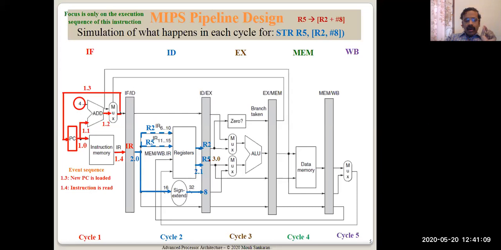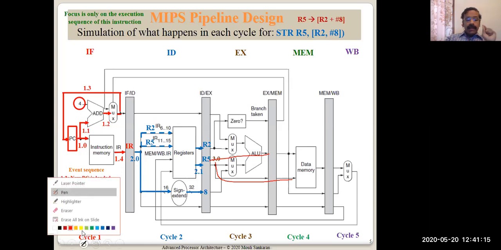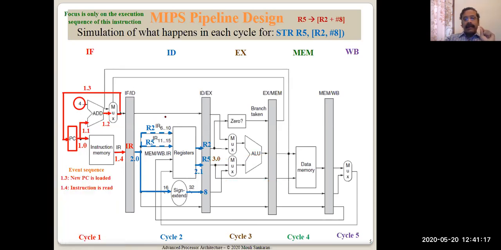Now R5 is not needed for ALU. It is needed for the next stage, but it has to be read during the operand read. See, this is also an operand. Don't assume that only what is given to ALU is an operand. Operands are the inputs needed for an instruction to execute.